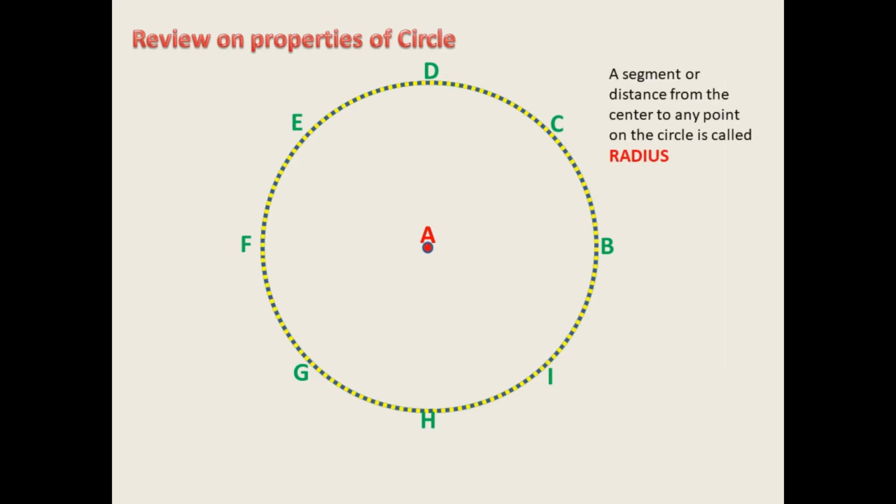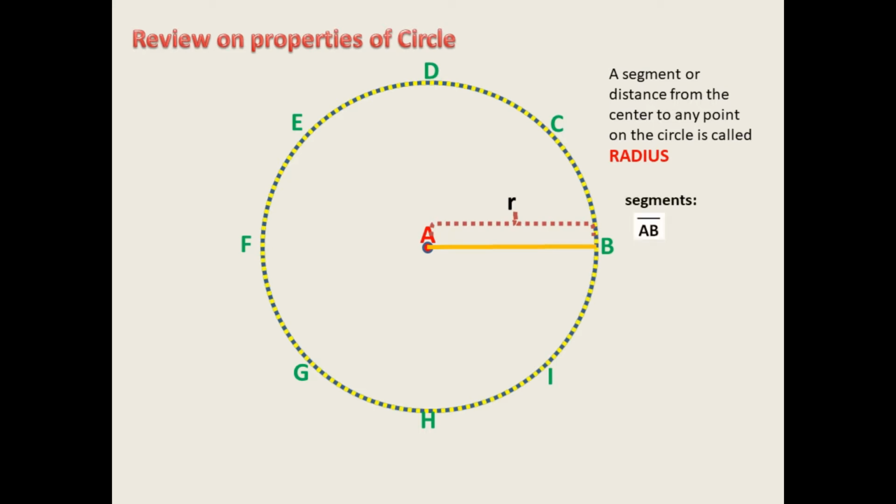A segment or distance from the center to any point on the circle is called a radius. So if we connect point A to point B, that is a radius. We use the notation small letter r to symbolize the radius.